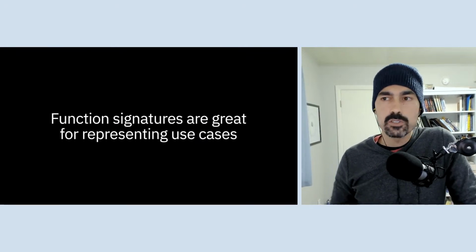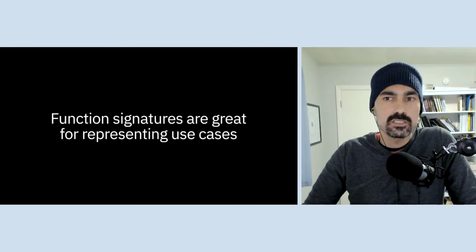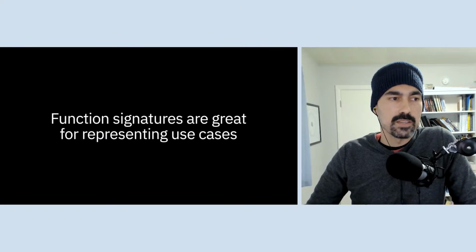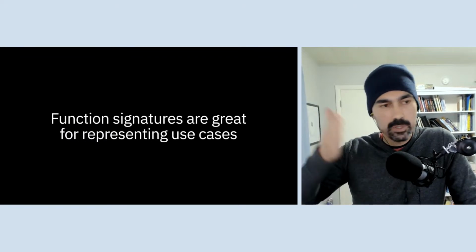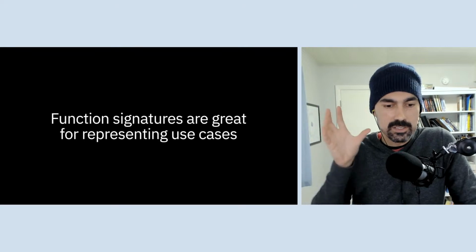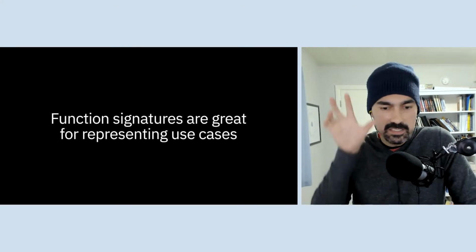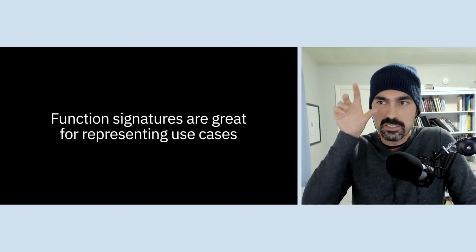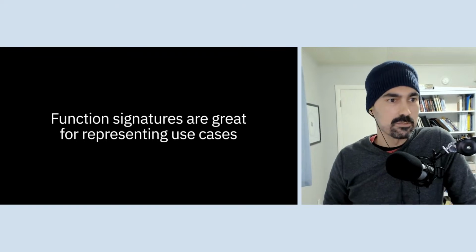I wrote those out because I find that function signatures are really great for representing these kinds of use cases. They've got the inputs, they've got an output, and they're easy to write. They're a concise notation for it.